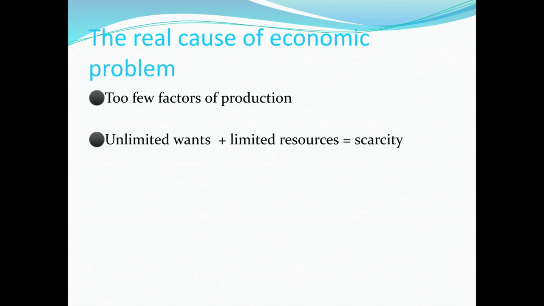Because these diamonds are from a natural resource, and in other words, there are few natural resources for this type of mineral, for this type of diamond. So too few factors of production, and perhaps not all people are skilled to really make these diamonds. All right, so it goes on and on. So there are too few factors of production.